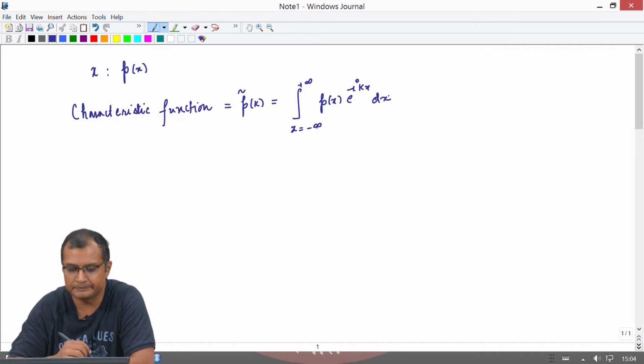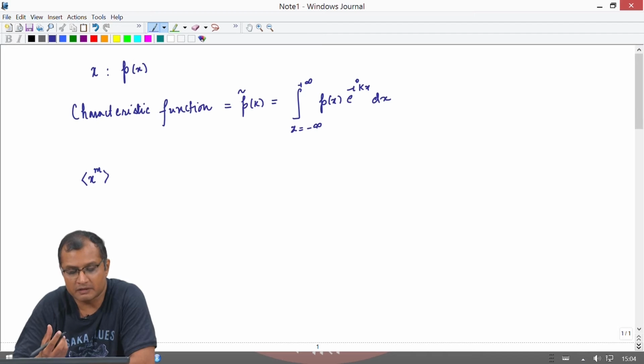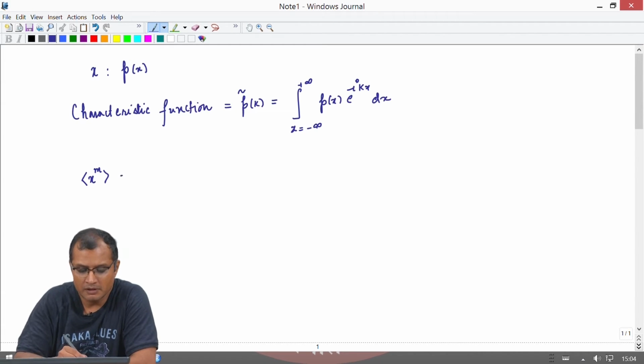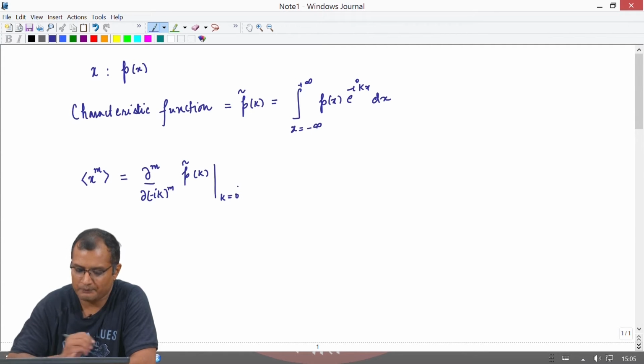And this provided us with a very powerful tool that we could compute any mth moment of the random variable, where the mth moment refers to the average of the mth power of the random variable, as nothing but the mth derivative of the characteristic function evaluated at k equal to 0.